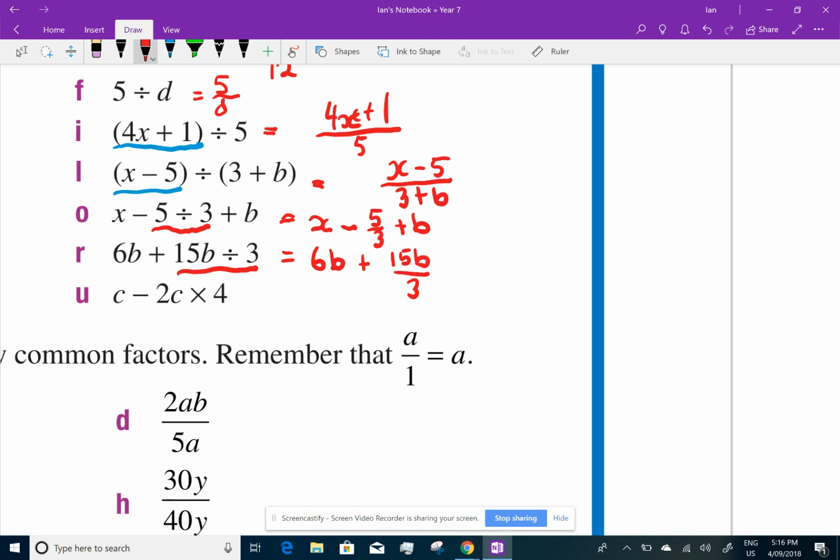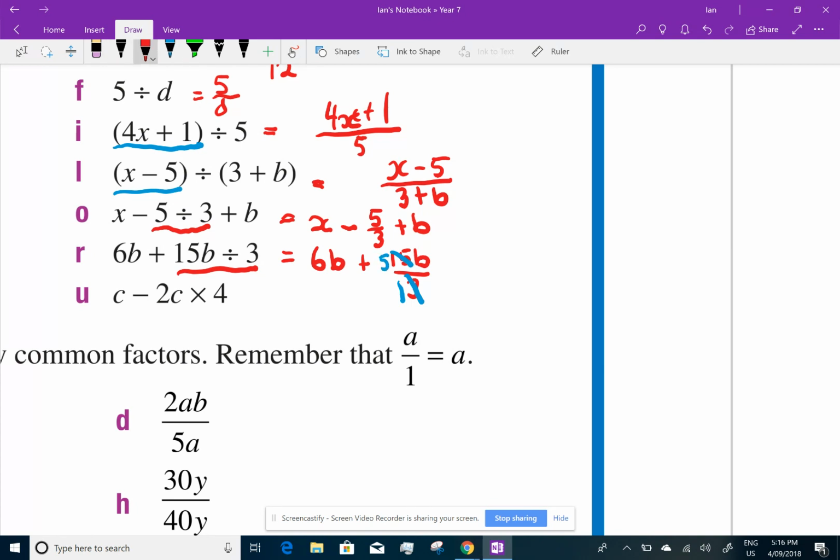These are two numbers that are multiplied. I can simplify the 15 and the 3. Do you remember back when we did fractions? Can you think of a number that goes into 15 and 3? Well, 3 goes into itself once. 3 goes into 15 5 times.